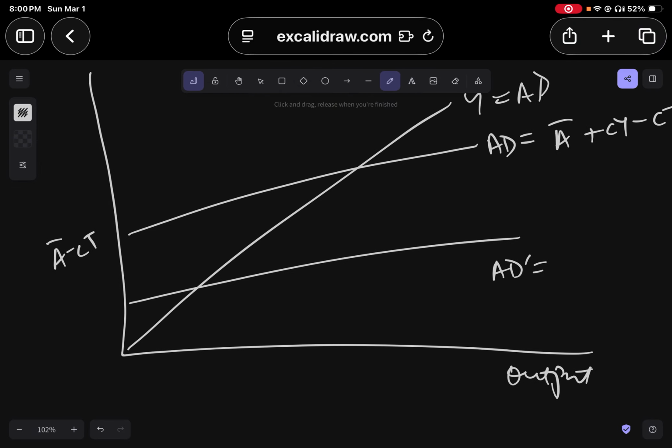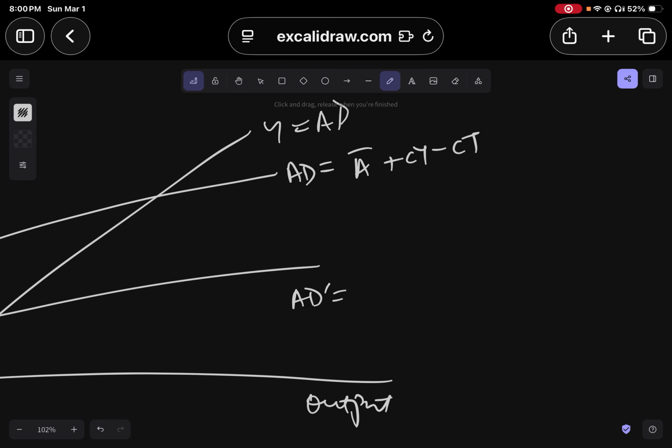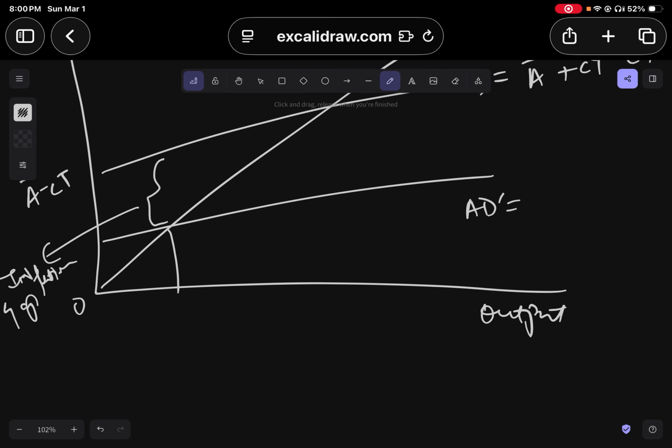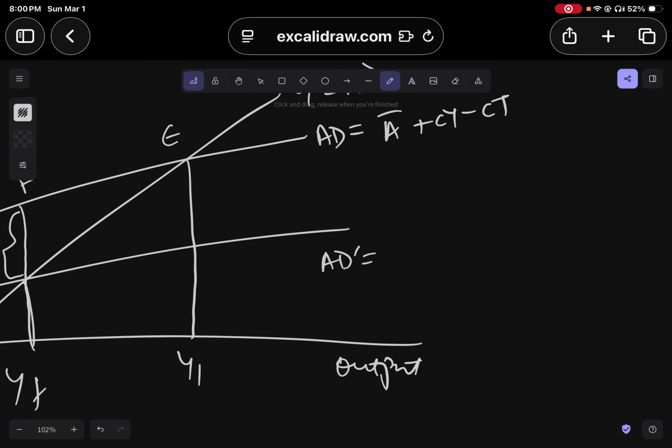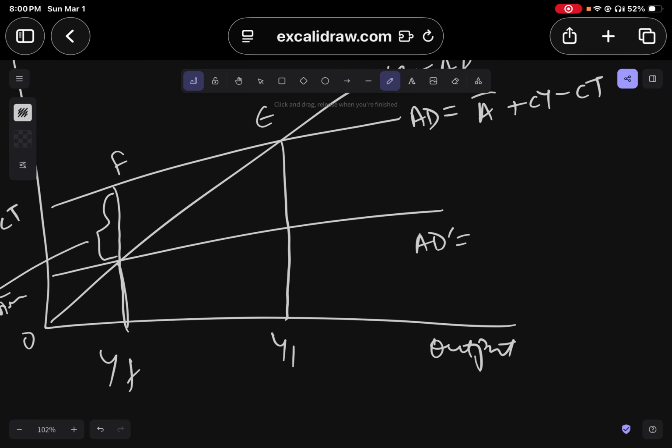So they said that this is the inflationary gap, this region. This was YF and this is Y1. Inflationary gap FM at YF full employment. So inflationary gap takes place when equilibrium is at a level of output which is higher than full employment.